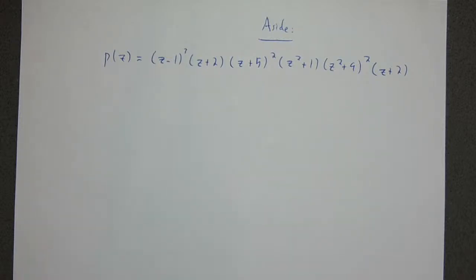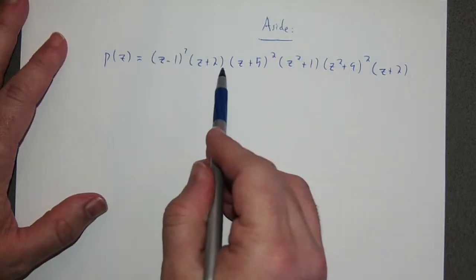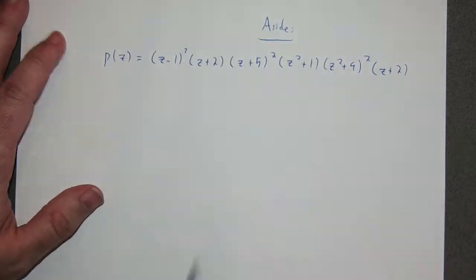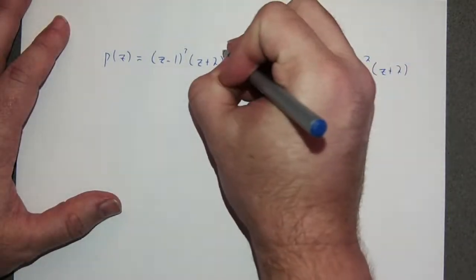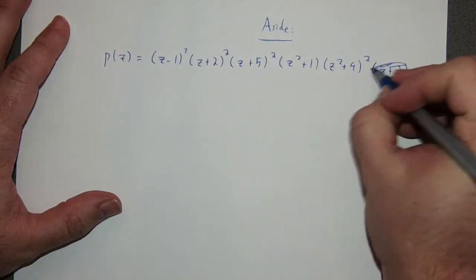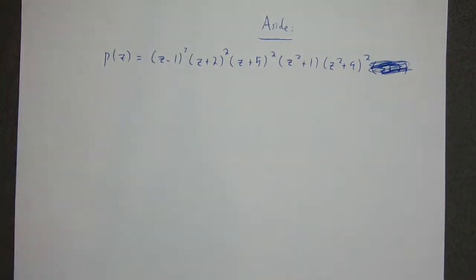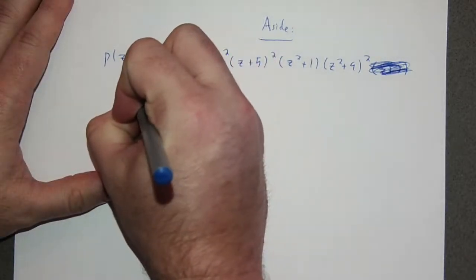Well, I've done something that I typically won't do here. Clearly, you notice that I have z plus 2 twice here. That's not what I consider fully factored. So I would want to combine these two into this. So let's get rid of this factor and rewrite this in a proper way. There we go. So first of all, what are the roots?